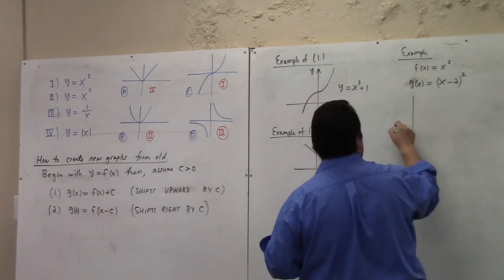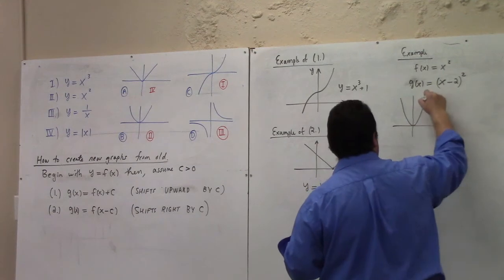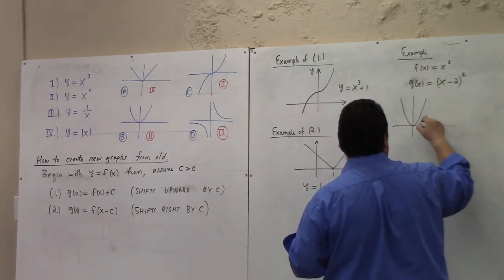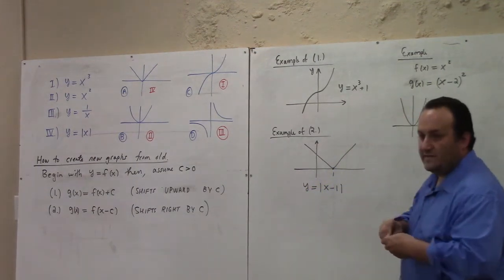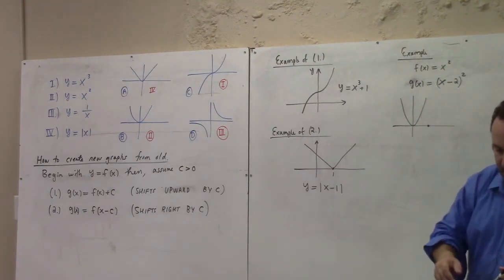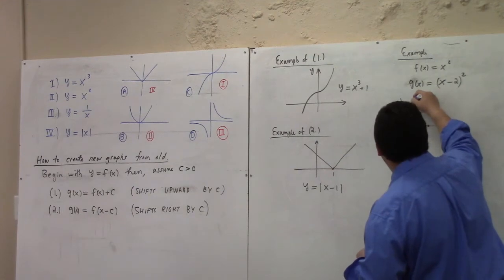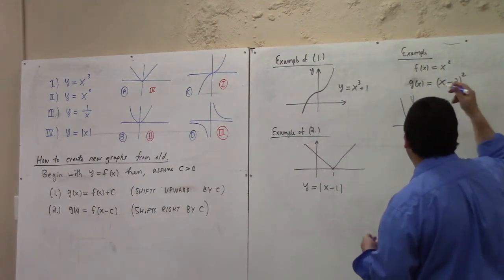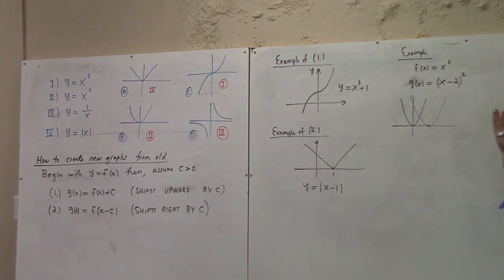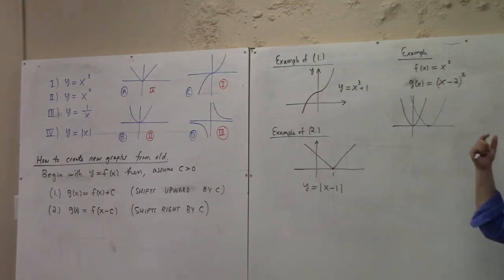And if you think about that, y equals x squared is this guy, right? Y equals x minus 2 squared is over here, isn't it? Because it bounces off the x-axis at x equals 2, right? I can't draw it worth anything, but those should be exactly the same shape, just shifted 2 units to the right.